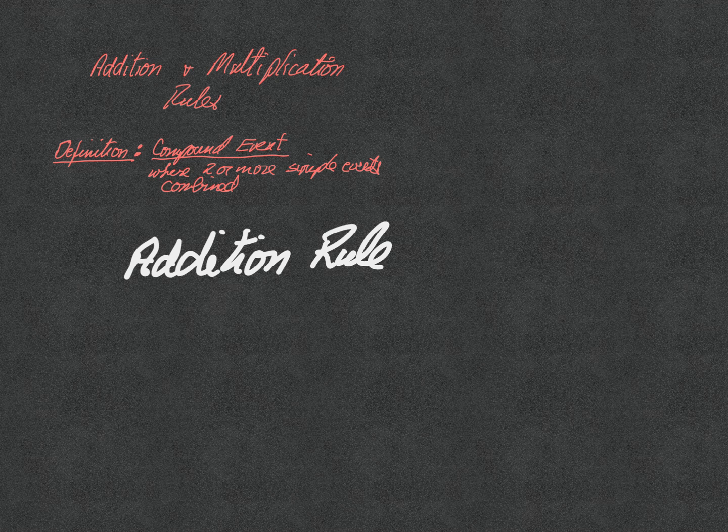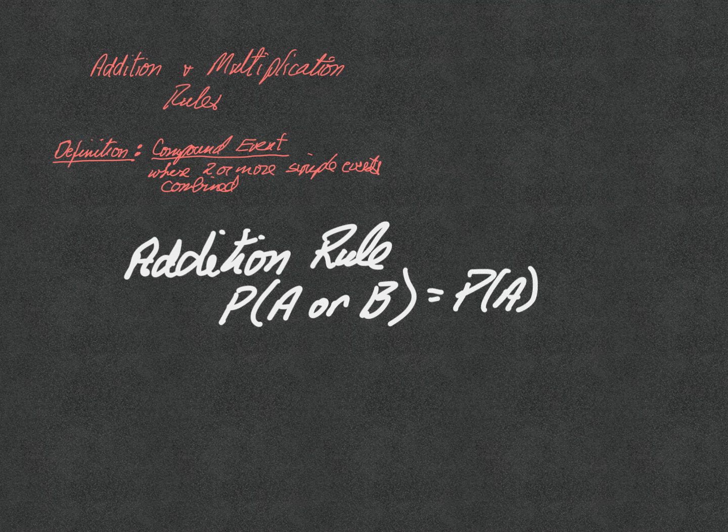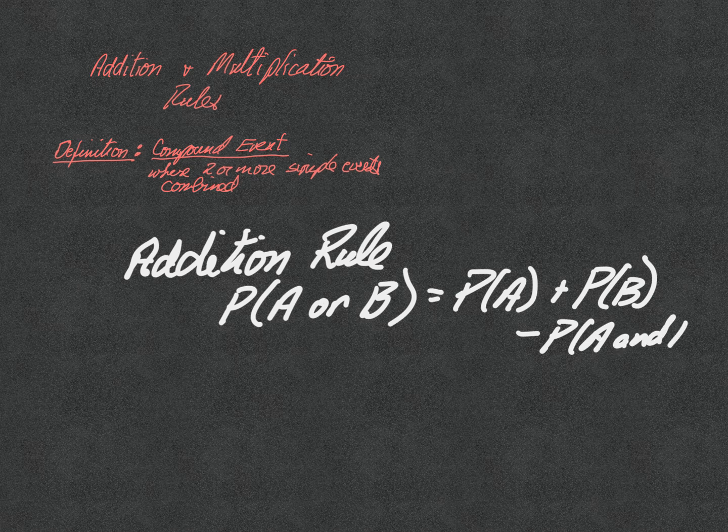The addition rule, when written formally, is the probability of A or B, two events, event A or event B, and it's equal to the probability of A plus the probability of B minus the probability of A and B. All right.